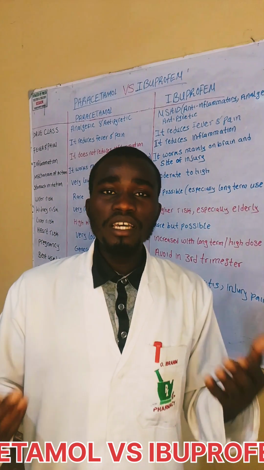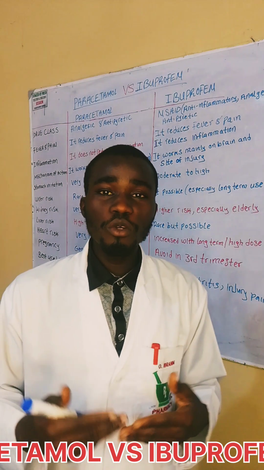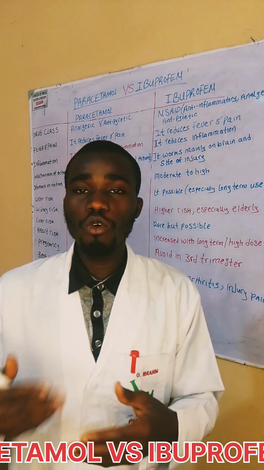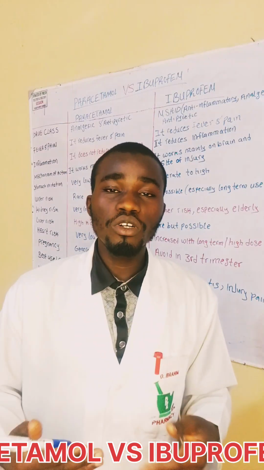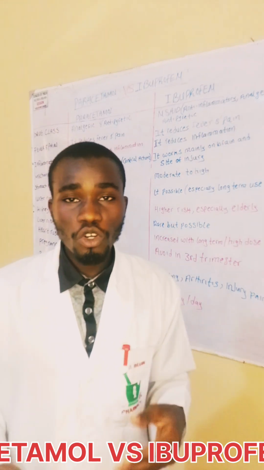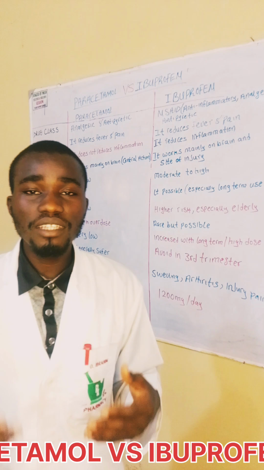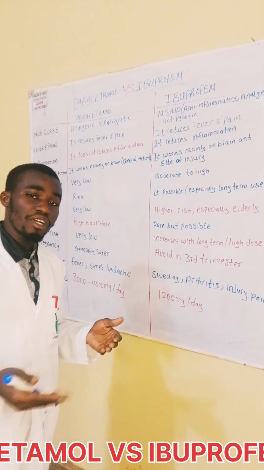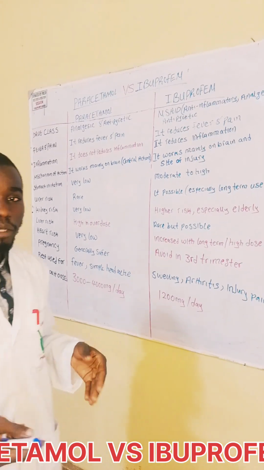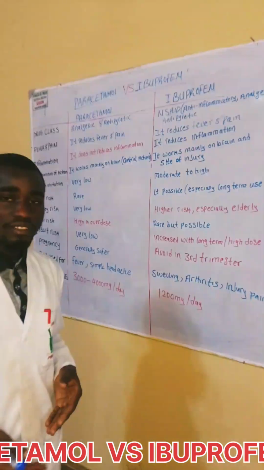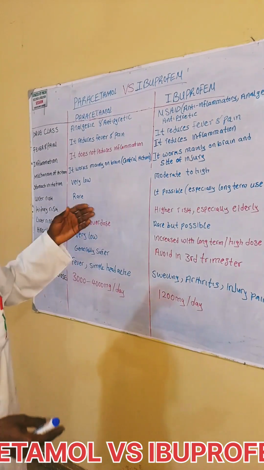That is why most of the time they usually prescribe ibuprofen with a proton pump inhibitor like omeprazole, esomeprazole, rabeprazole, because NSAID drugs always cause stomach irritation.